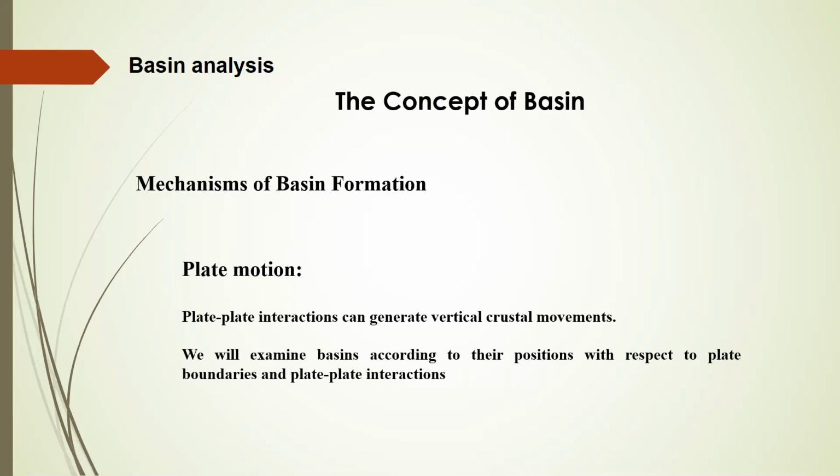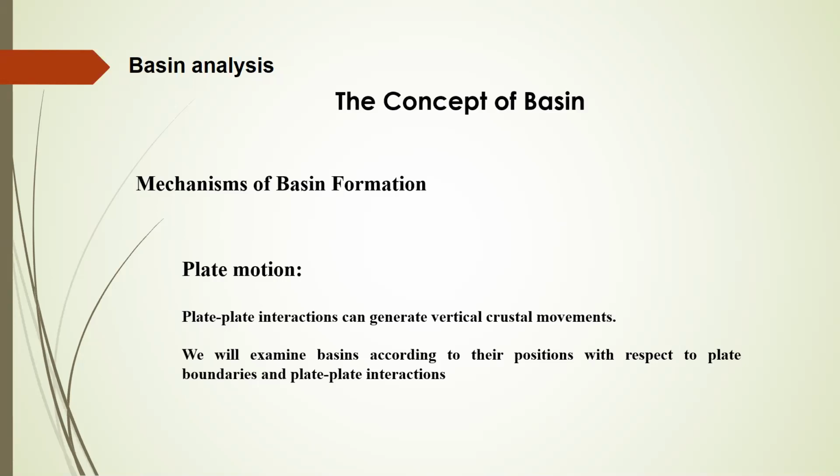Three types mainly, sir. Okay, name them please. Convergent, divergent, and transform. Okay, very right. So these three types of plate motions are responsible for creating and changing the types of basin, for combining different types of basin into one type, and also for disintegration of basins.